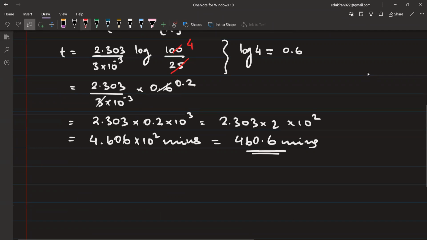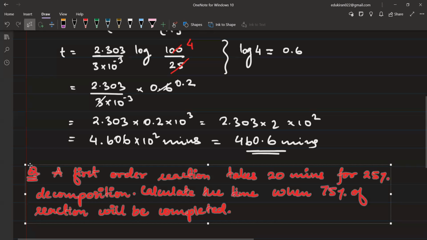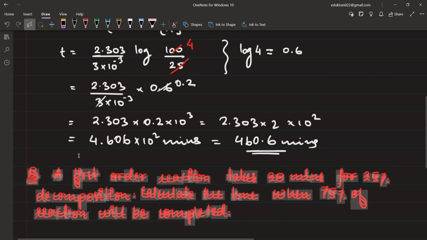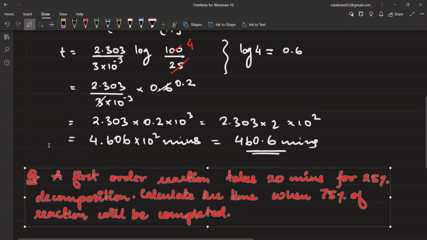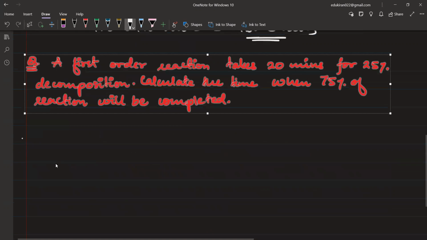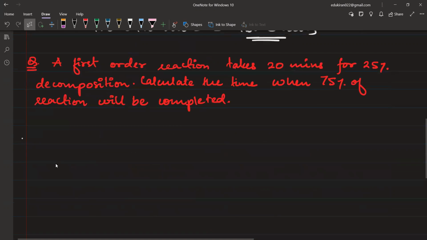Write another question. A first order reaction takes 20 minutes for 25% decomposition.